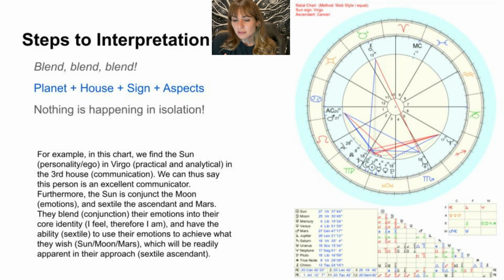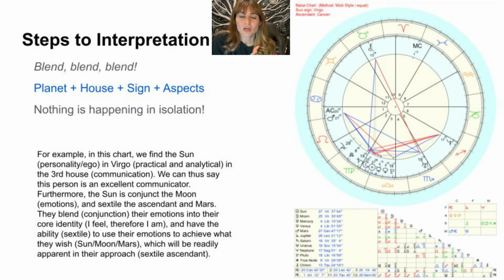So we locate the sun. The sun in this chart is in the 3rd house, and it is in Virgo. So the sun, we know, is about our personality, our ego, where we want to shine. And Virgo, practical, analytical. And the sun has a lot to do with our vitality too. So what kind of energy level are we presenting?